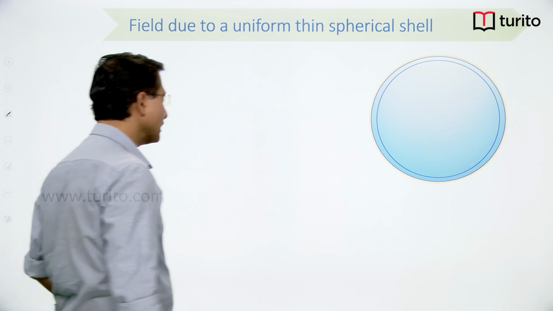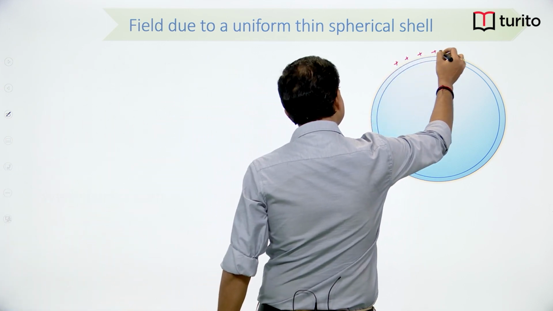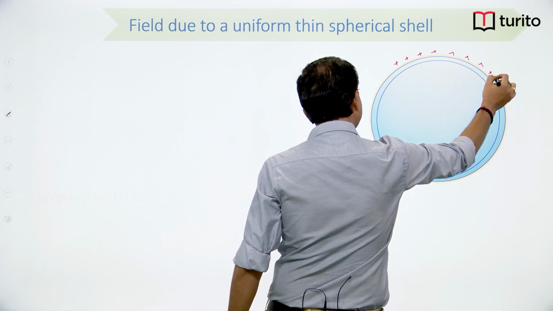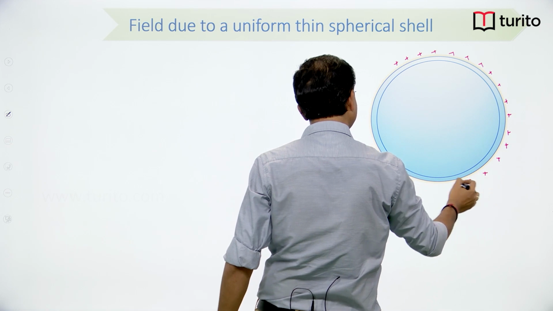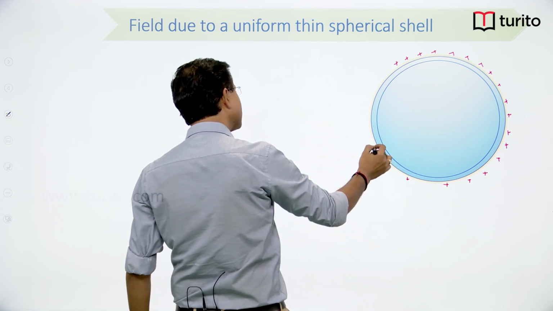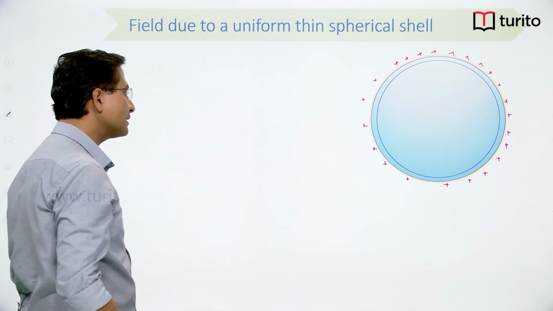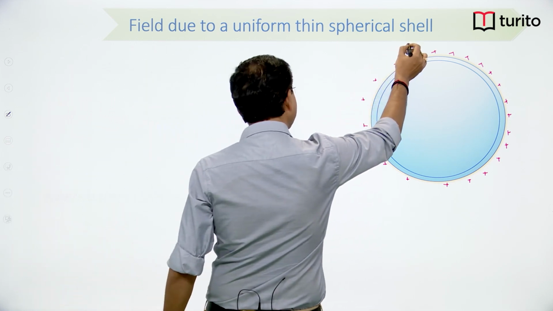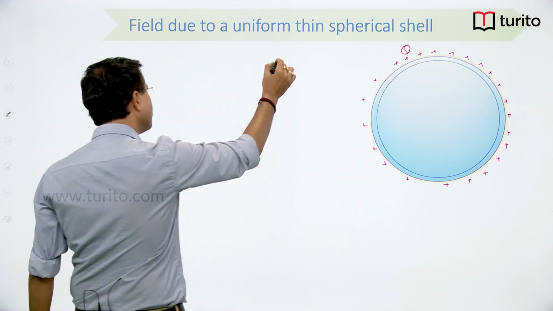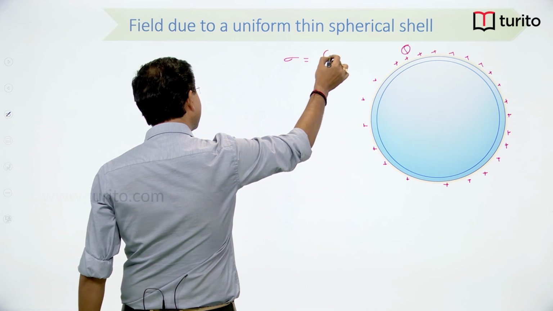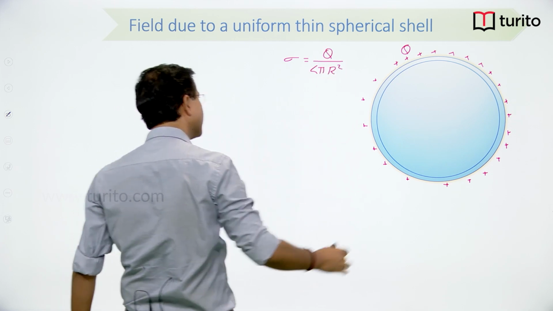If charge is uniformly distributed over the surface, here I need to define the surface charge density. So the total charge is Q distributed over the surface, and the surface charge density sigma is equal to Q divided by 4 pi capital R square.